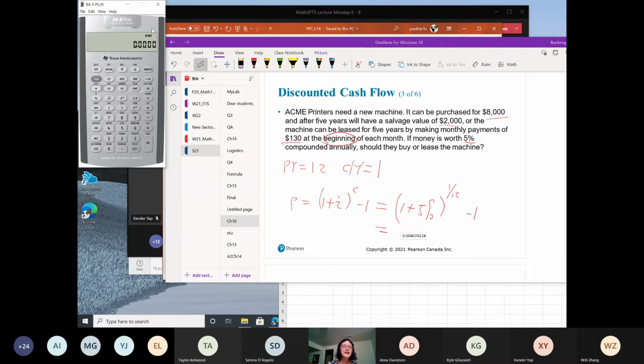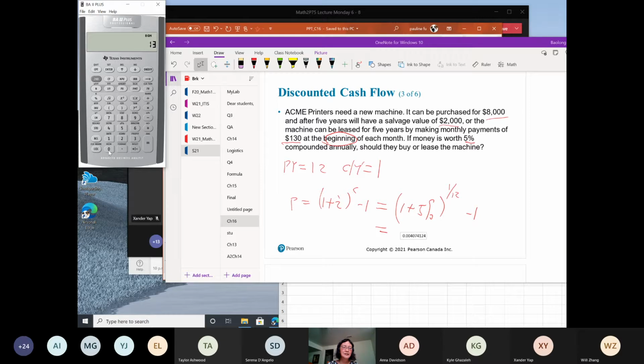You see BGN on the top right corner. Once your calculator is in begin mode, you set PY, CY. Second, PY. PY is 12. Enter, down arrow key. CY is 1. Enter. Second, quit.